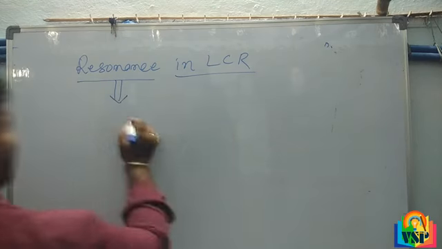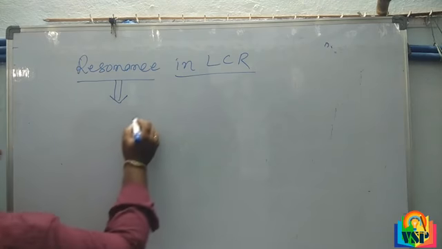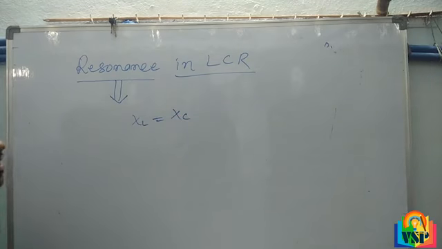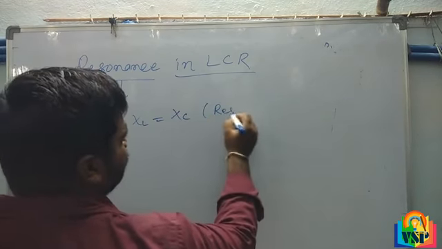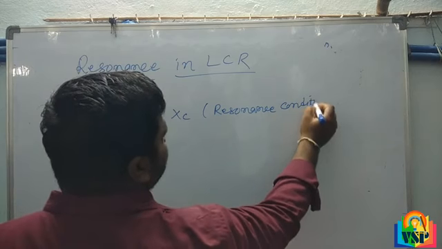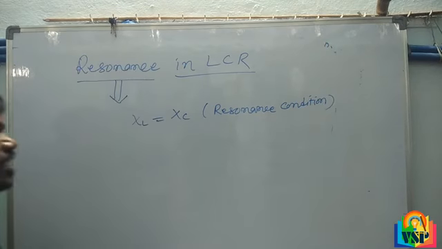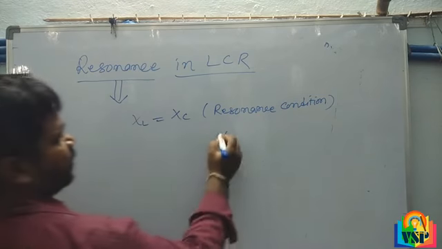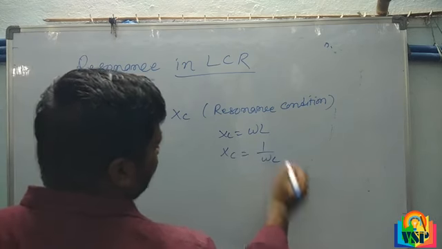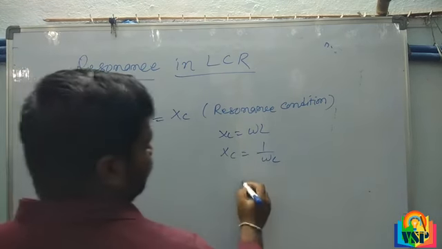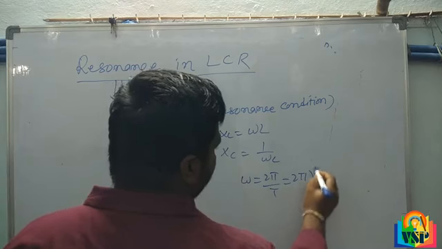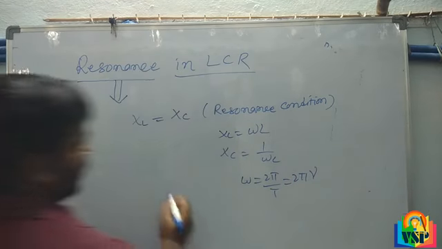In this case, we get resonance when capacitive reactance is equal to inductive reactance. This is the resonance condition. XL is equal to omega L. XC is equal to 1 by omega C. Omega is equal to 2 pi nu.